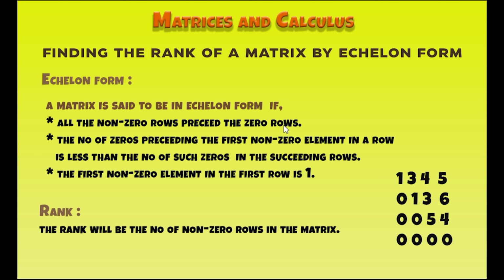Now we can see that here we have minus 1 and here we have plus 1. So R3 implies R3 plus R1. So 1 minus 1 is 0, minus 3 plus 2, minus 1, minus 2 plus 2, 0, 1 plus 3... and write the first row as it is: 1, 2, minus 2, 3.